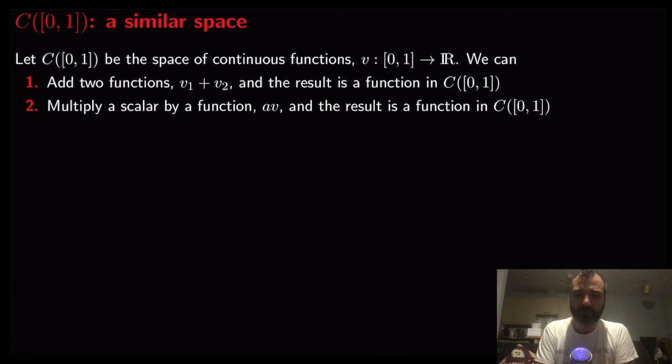What can we do with these functions? We can add them, and the result is a function which is again continuous and defined on 0, 1. All right, and we can multiply them by numbers. So if v is a continuous function, then 2 times v, 3 times v, minus 20 times v is again a continuous function that is defined on 0, 1.